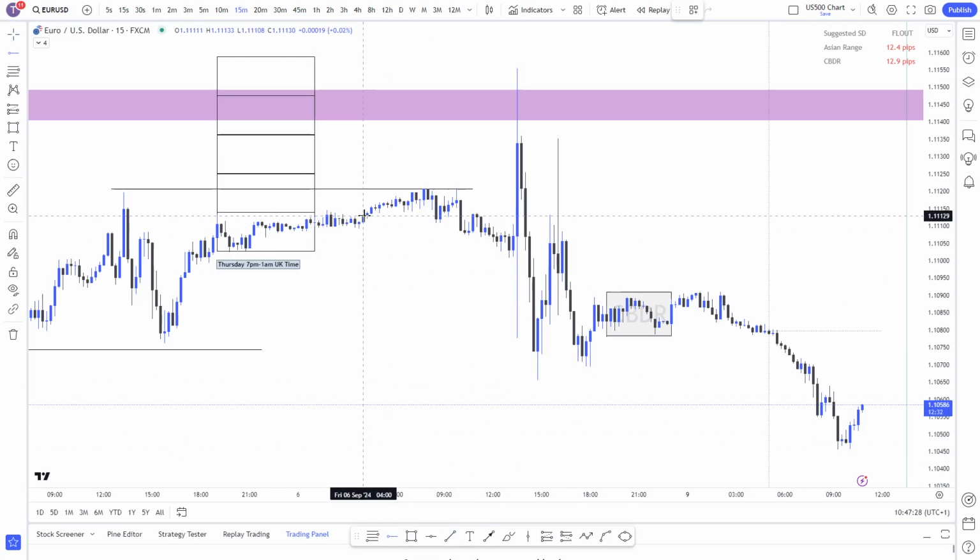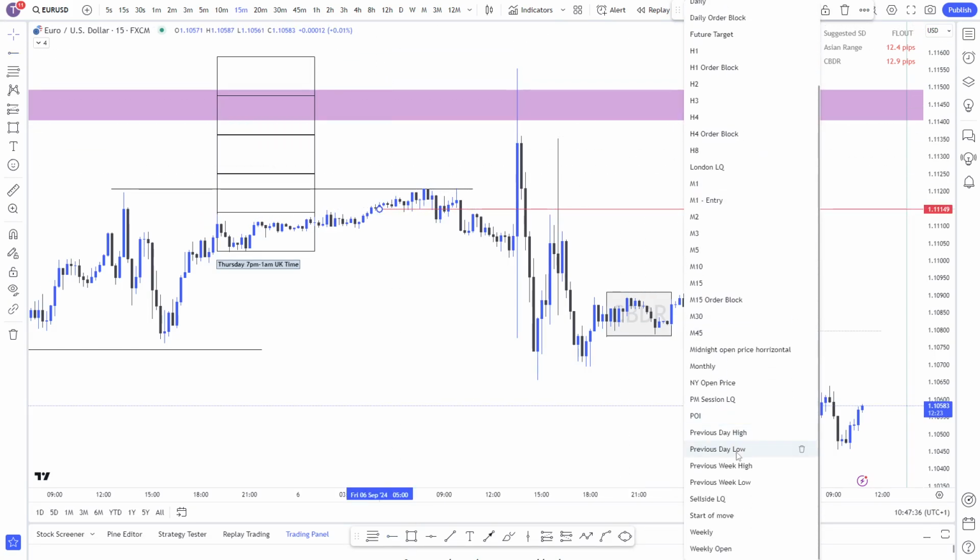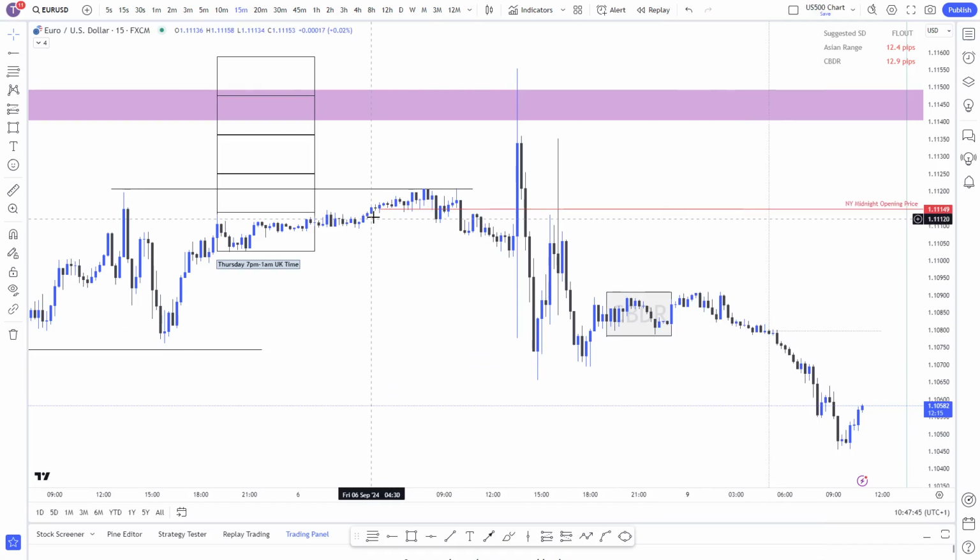We're going to start referring to midnight New York, which is 5 a.m. UK time. That is the opening price. Where is it? That is the opening price that the algorithm refers to. 11 p.m. UK time is when the candle prints a new daily candle.